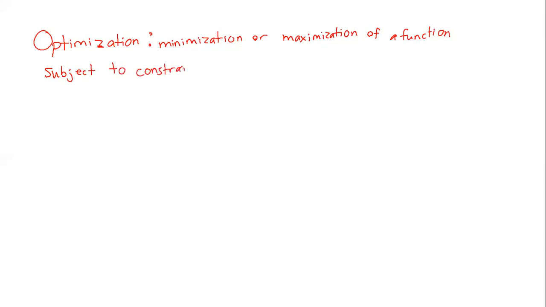Optimization is minimization or maximization of a function subject to constraints on its variables. And so X is going to be our vector of unknowns or decision variables.